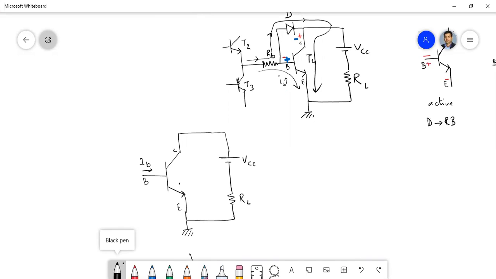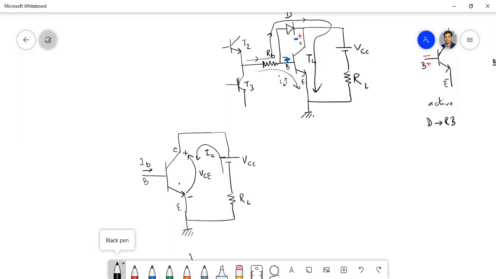Now, what is this voltage called? Collector emitter, VCE, isn't it? Now the current flows in this direction, this is the collector current direction, the normal direction of current. So if we apply KVL in this loop, what will be the KVL?